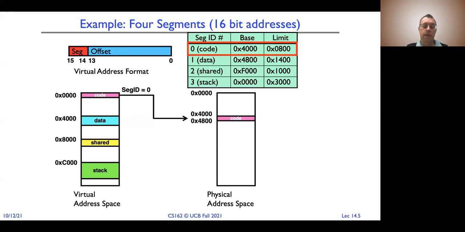The segment number here is 0, 1. It's not 0, 0, 1, it's 0, 1, because it's only the first 2 bits. So it's 0, 1, which is equal to 1.